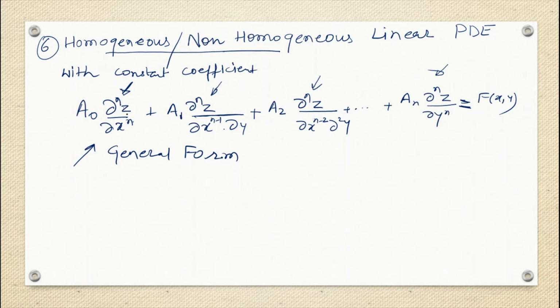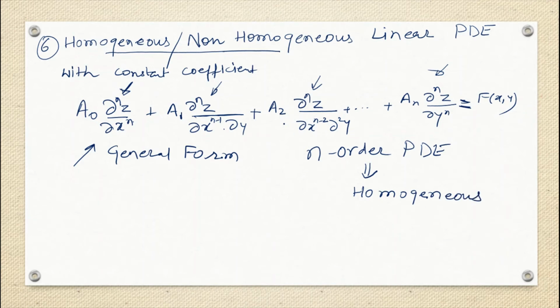Here the order is n. This is an nth order partial differential equation, and because all those terms have the same order, we call this homogeneous, okay. So this equation is a homogeneous partial differential equation with linear property and with constant coefficients, okay. So here we have written down all those terms.